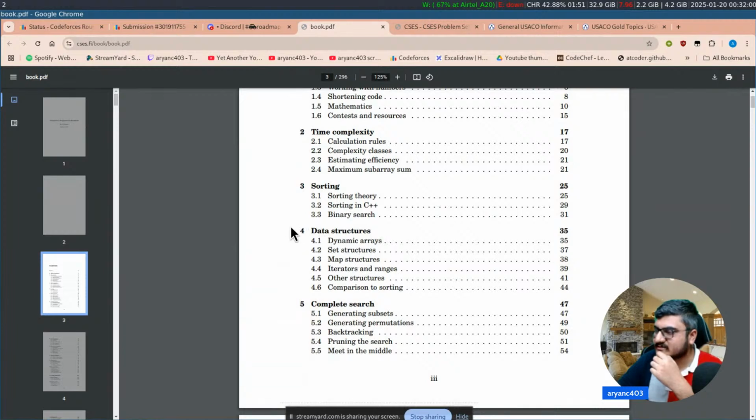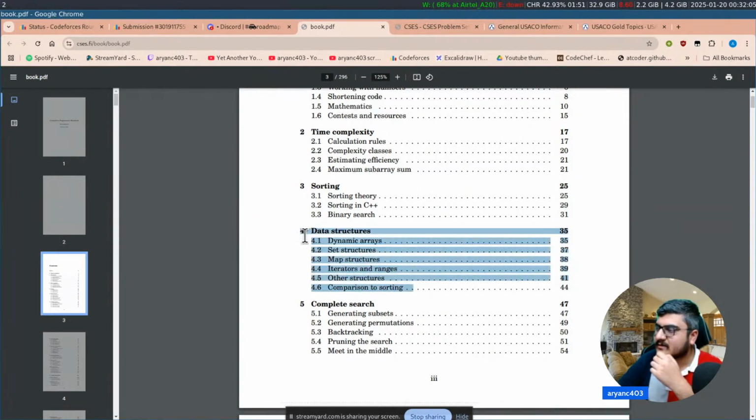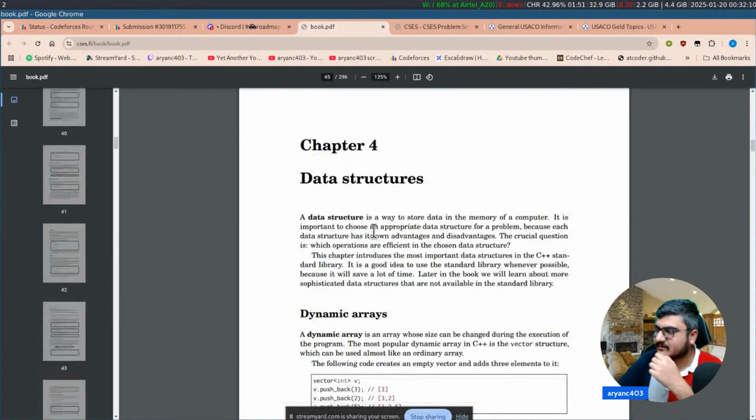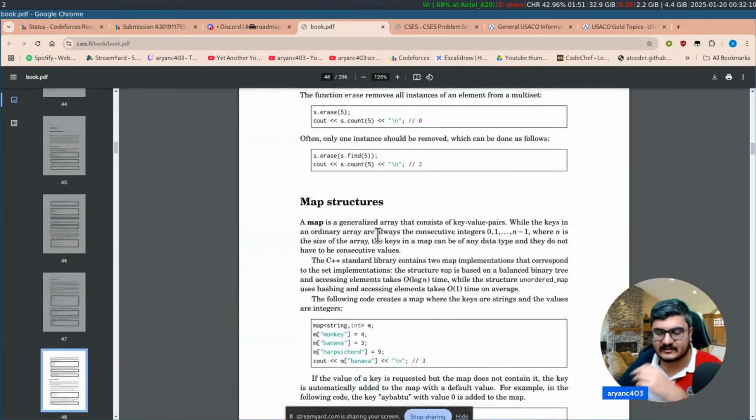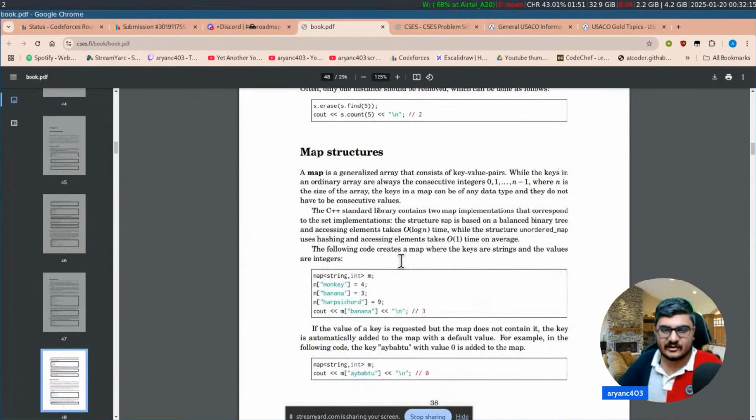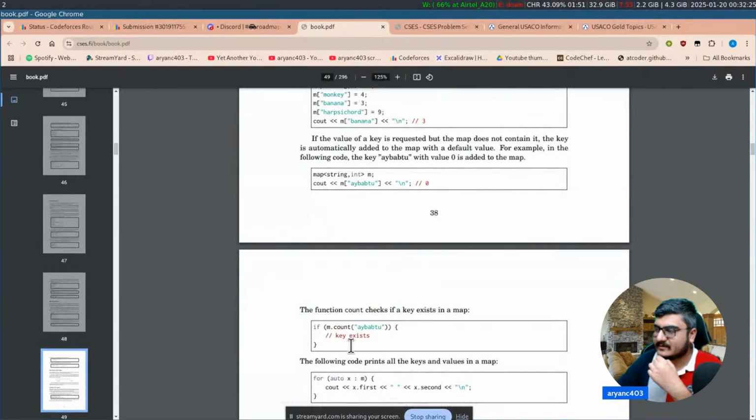You can just refer to this section here. It has array, set, map, iterator, basic C++ STL, and this one chapter should cover everything there. And this should be enough for you to get started with competitive programming, and you can discover more nuances there. You don't need a lot of C++ knowledge to get better at competitive programming. Only what basic data structures the library supports is more than enough.